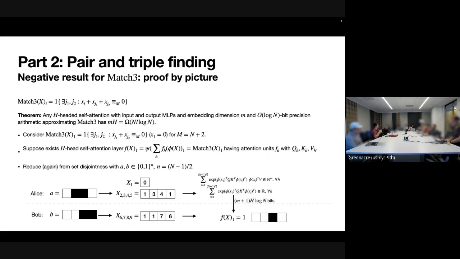But doing that requires a graph with n squared edges, which means we think about the representation as n bits per each of the n elements. That's why I wasn't fully satisfied with our results on that front: you can prove lower bounds, but they require these really high embedding dimension inputs.